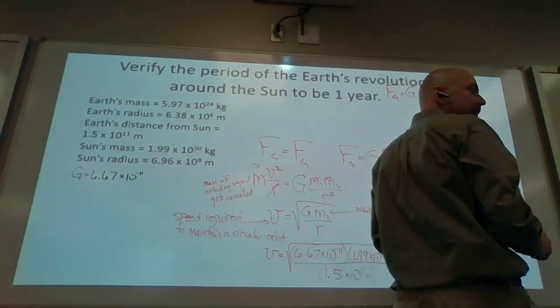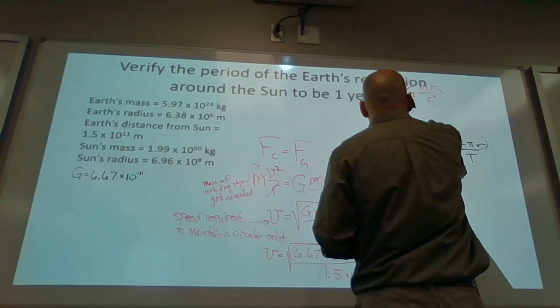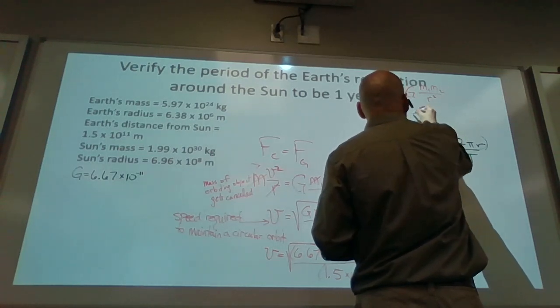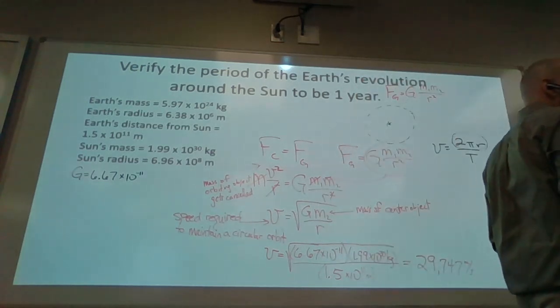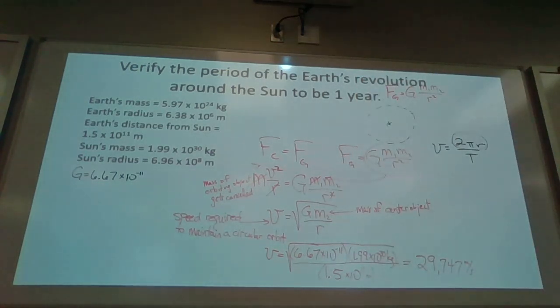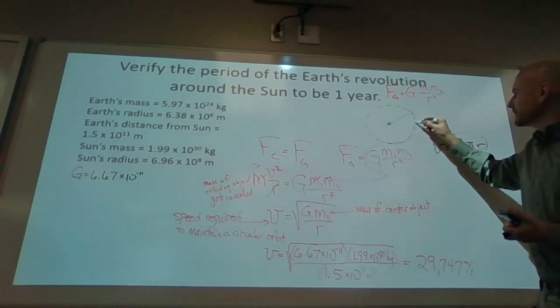So what radius should I use here? Should you use the radius of the sun, radius of Earth, or radius of the circular path? We want this radius here because it's the circular path taken.